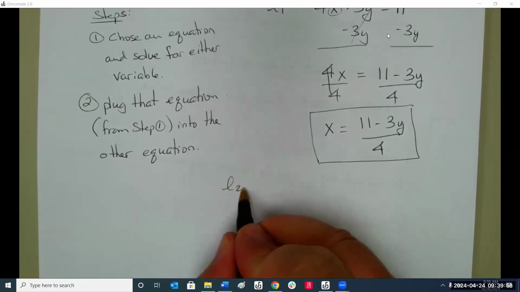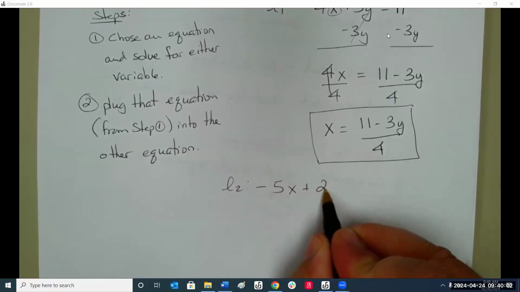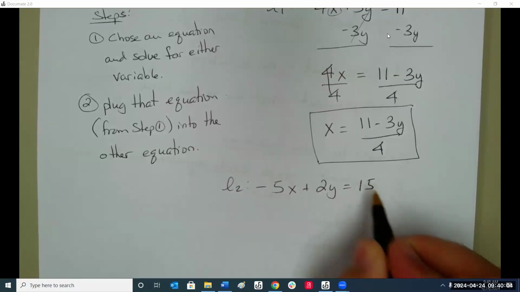So line 2 is negative 5x plus 2y equals 15.